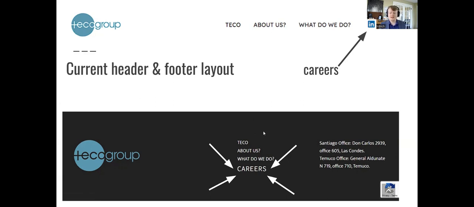I would also recommend along those lines having a careers page on the website rather than just linking it to LinkedIn, simply because some potential applicants may not be familiar with LinkedIn or may not have a LinkedIn profile, which could cause them some confusion.